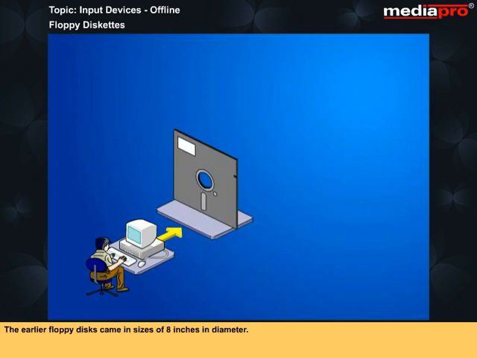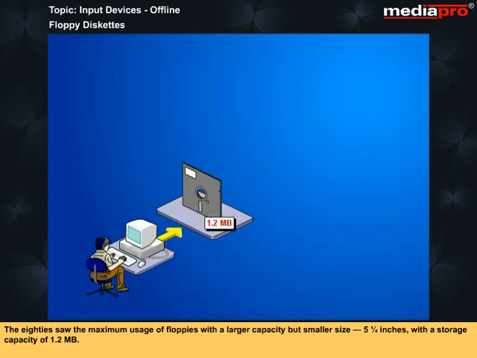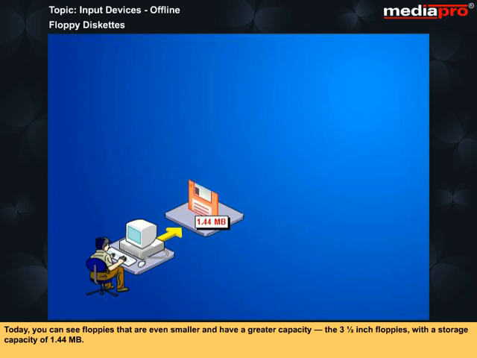The earlier floppy disks came in sizes of 8 inches in diameter. The 80s saw the maximum usage of floppies with a larger capacity but smaller size, 5¼ inches with a storage capacity of 1.2 MB. Today, you can see floppies that are even smaller and have a greater capacity, the 3½ inch floppies with a storage capacity of 1.44 MB.